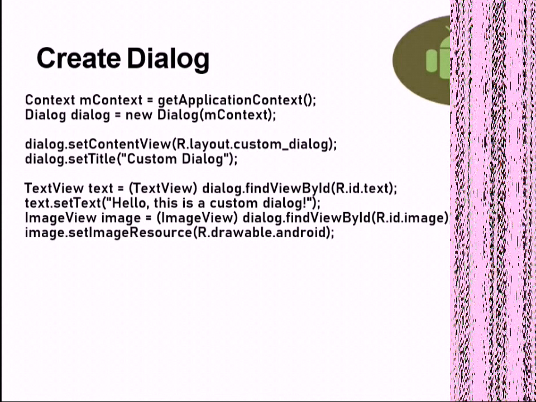Typically you'll create a dialog instance from the Dialog class, set the content view, set the title, and inside it give any kind of text or any kind of image you want that dialog to hold, and call the show method to prompt that dialog.